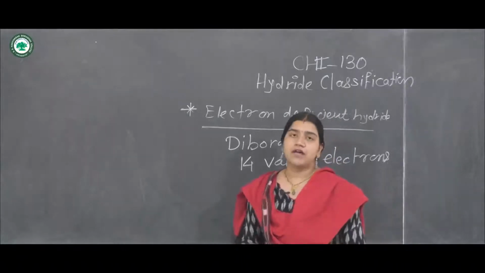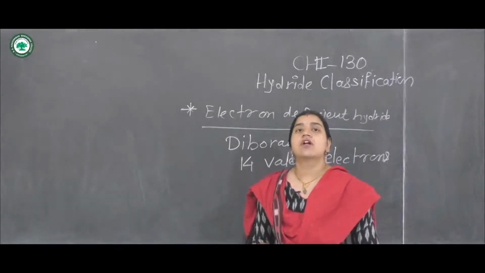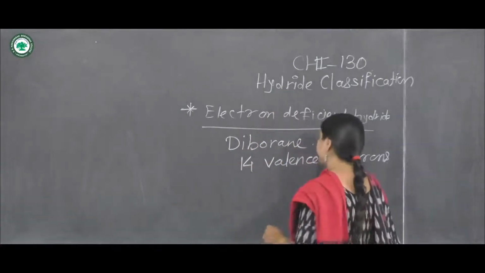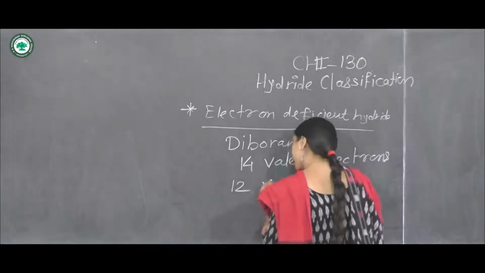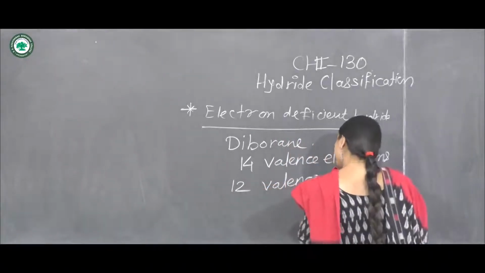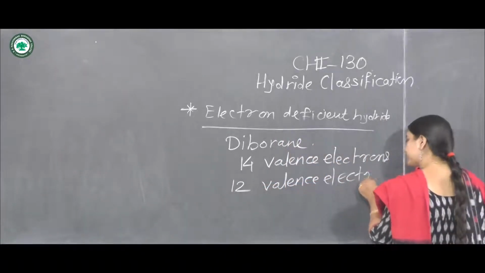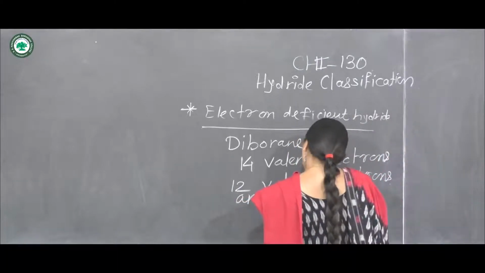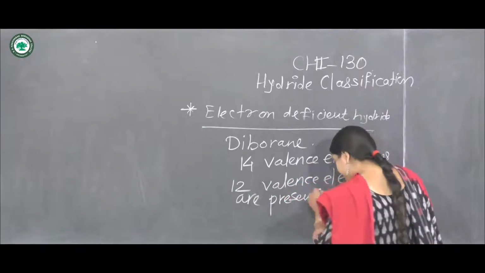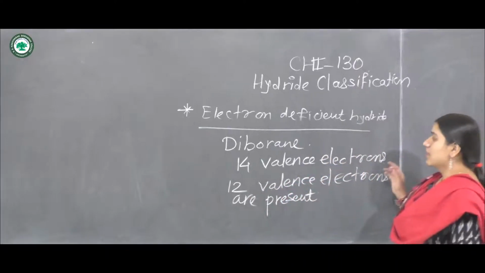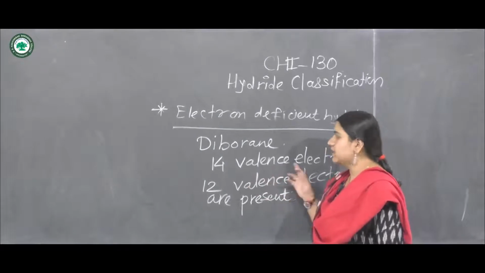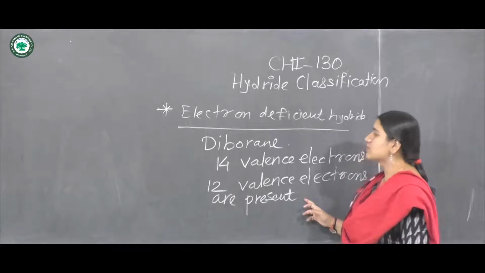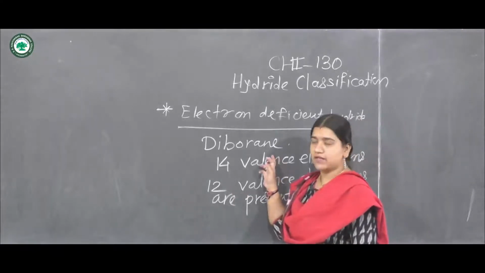But instead of having the 14 valence electrons, which is the necessary condition, only 12 valence electrons are present in case of diborane.